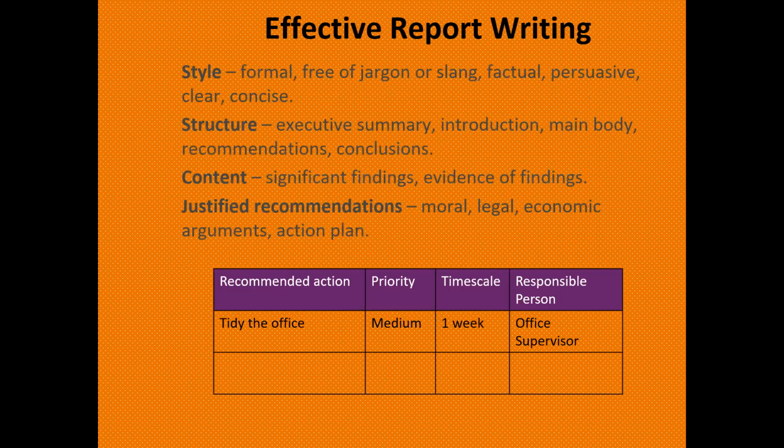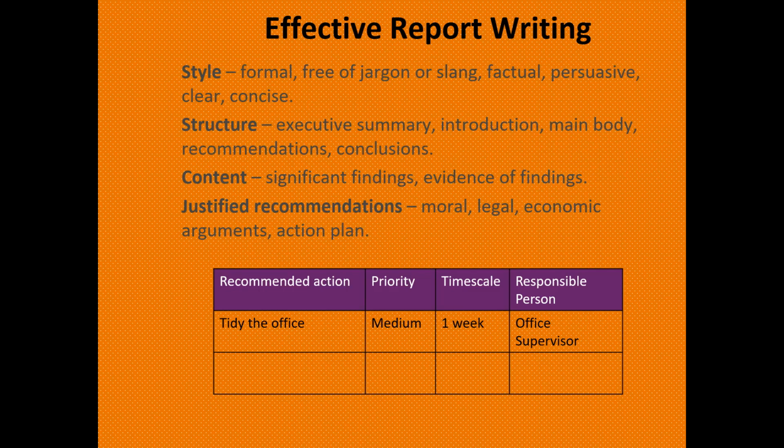Next, after inspecting the workplace, comes the stage of report writing. Once we conduct the site inspection, we need to develop a report. The style of the report must be formal, without many abbreviations, free of jargon, simple and concise.